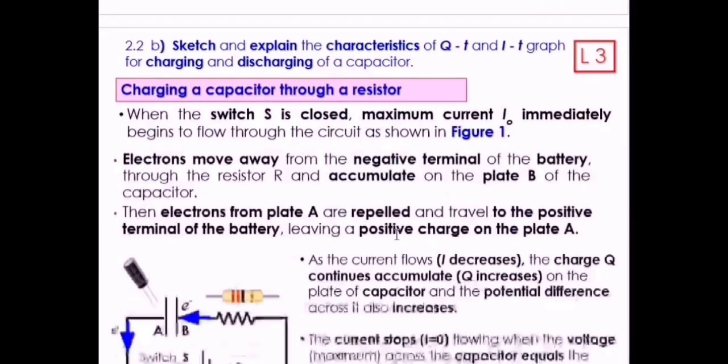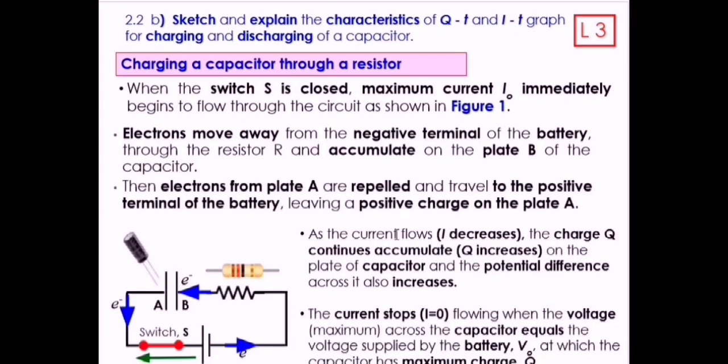The next learning outcome is where you should be able to sketch and explain the characteristics of the QT and IT graphs. QT is the charge against time graph, and IT is the current against time graph, for charging and discharging a capacitor.